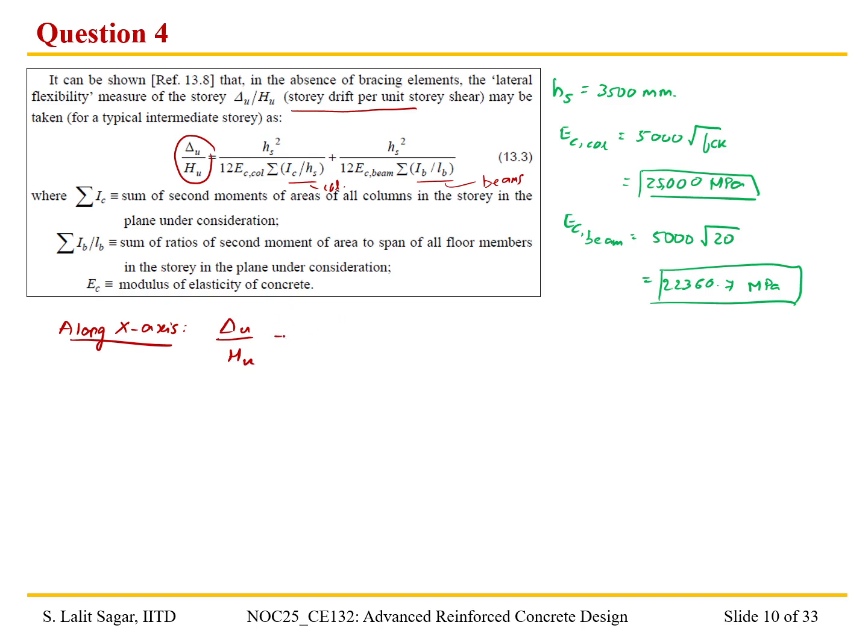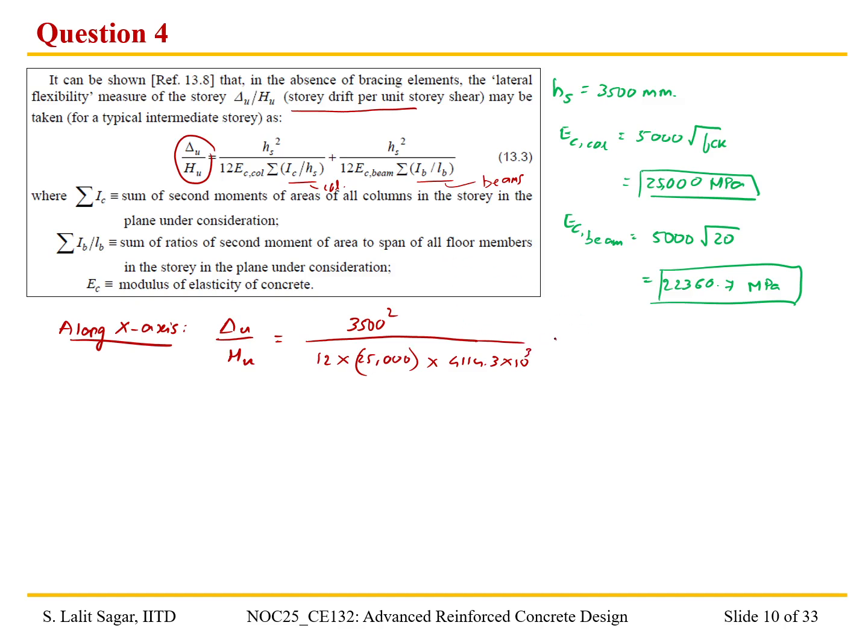That is 3500 square divided by 12 into 25,000, into the cumulative stiffness for the columns along the x direction, which is 4114.3 into 10 to the power 3.